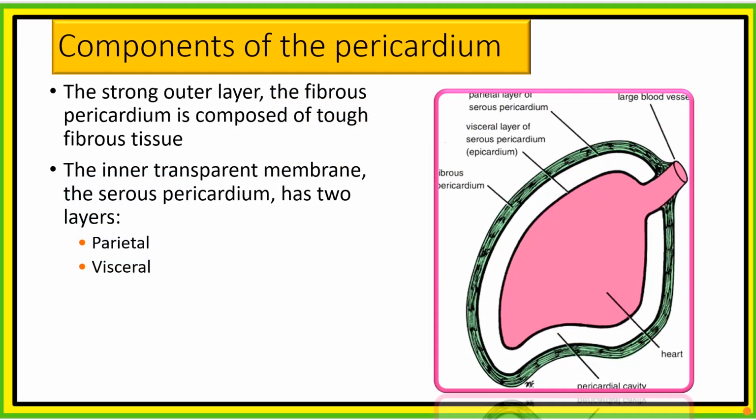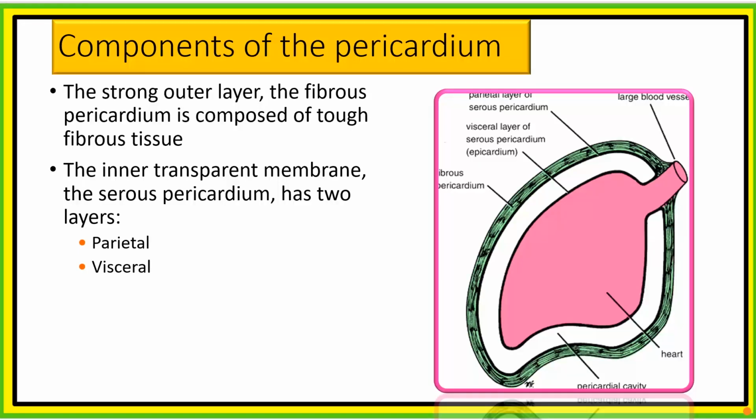Now we'll look at the outer fibrous layer. It is composed of tough fibrous tissues, where we say that the inner layer is transparent and has two layers. The outer one will be called the parietal layer and the inner one will be called the visceral layer. So we have the outer parietal layer and the inner visceral layer.